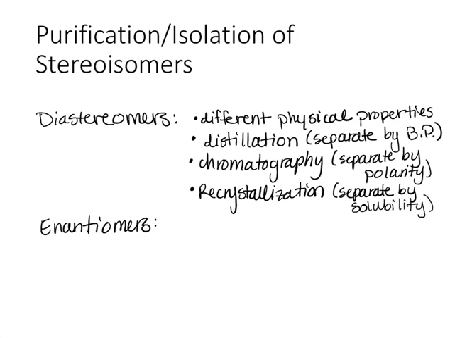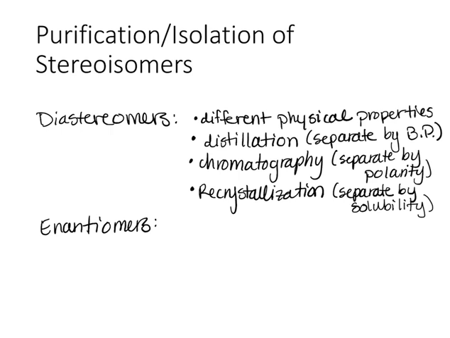So let's say you have two diastereomers with different levels of solubility in a particular solvent, like water. You could use that to separate them. Or if something's more soluble than something else in water, you could recrystallize, and that will remove or separate one of the diastereomers.